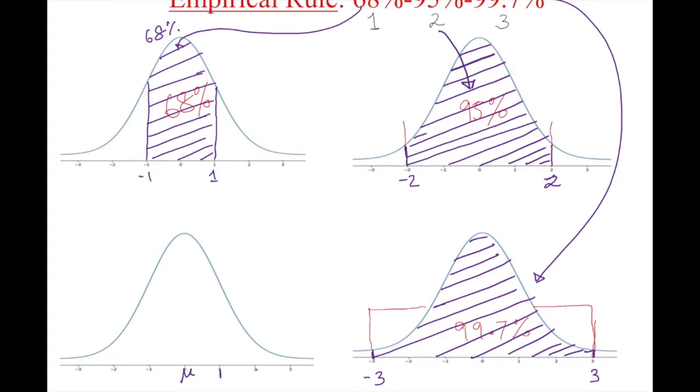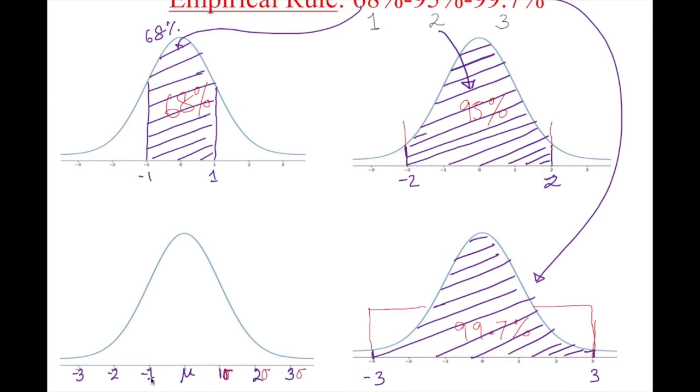That is 1, that is 2, that is 3, that is -1, that is -2, and that is -3. Again, this is the mean, and this is 1 standard deviation. How far is it from the mean? 1 standard deviation. This is how far? 2 standard deviations. This is how far? 3 standard deviations.